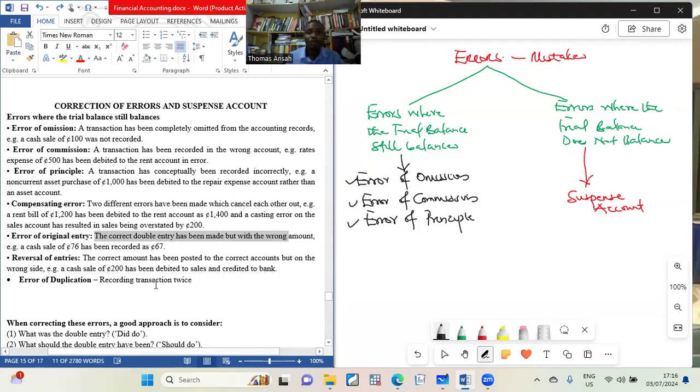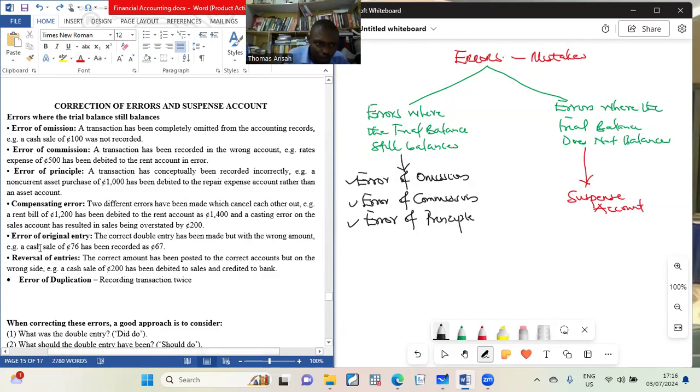Remember, books of prime entry: the sales journal, purchases journal, return inwards journal, return outwards journal, cash book, and general journal. So here the double entry has been done, but with the wrong amount. So instead of putting the correct amount in the sales journal so that it translates into your sales ledger, you are putting in a wrong amount.